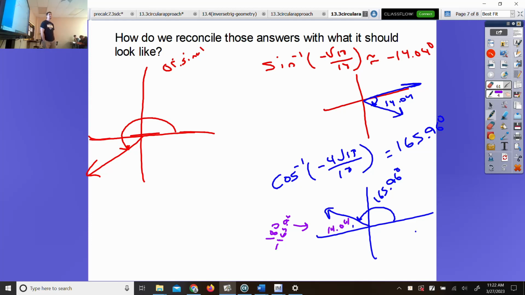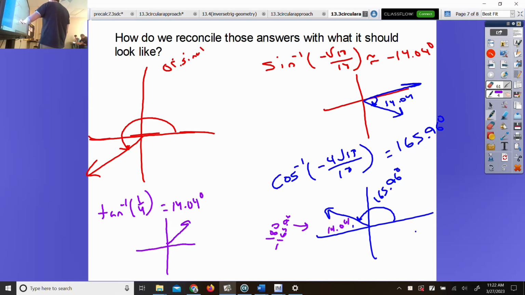The other one we did was the arctangent of a quarter, and we got 14.04 degrees, which would look about like that. Go back to the original. What do you believe that little sliver is there?